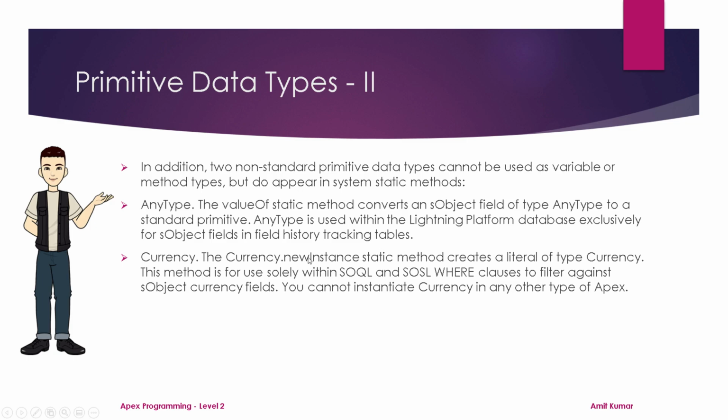This method is basically used for SOQL or SOSL. When we are using where clauses in these queries to query the records, there we can use this currency.newInstance static method. We cannot instantiate currency in any other type of Apex.